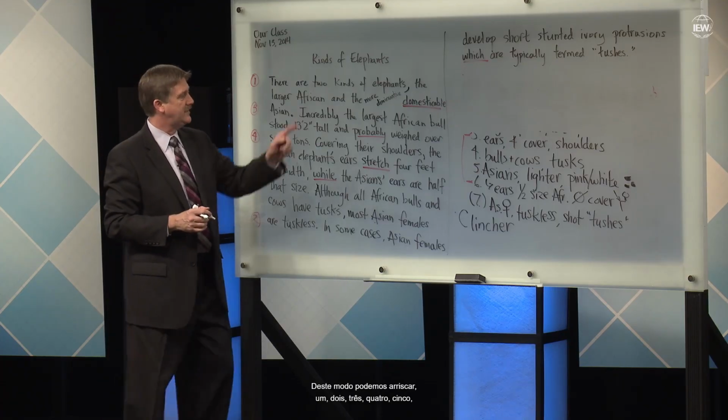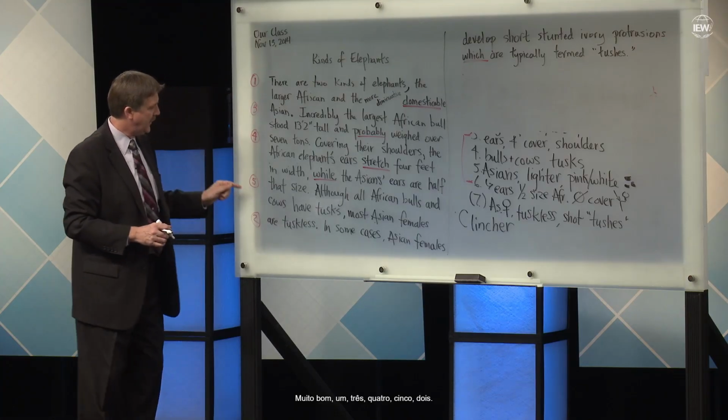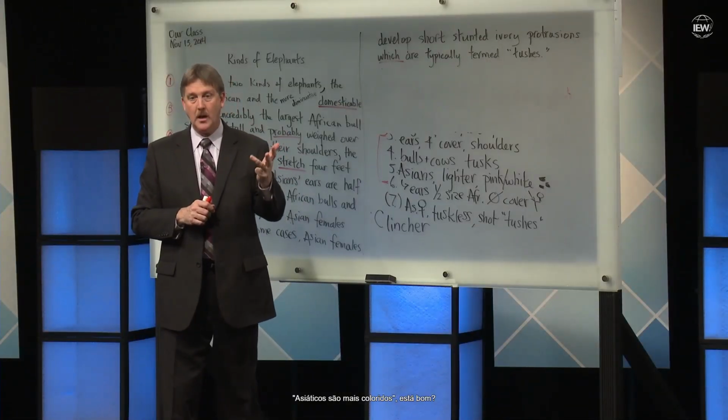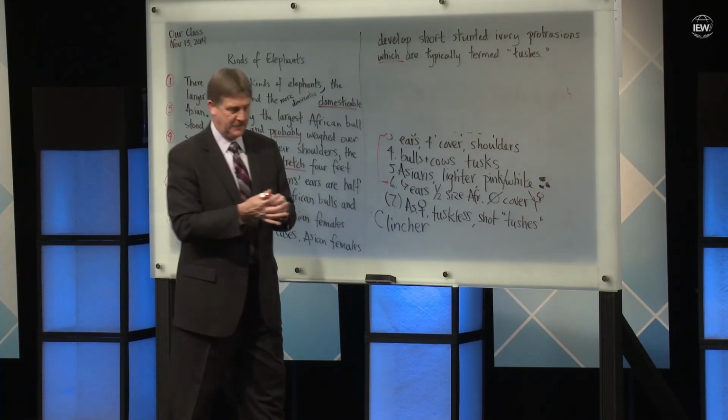That way, when we check, we say 1, 2, 3, 4, 5, good to go. 1, 3, 4, 5, 2, we need a 6. So we need a very short sentence. How about this? Asians are more colorful. Would that work? That'd be 4 words.